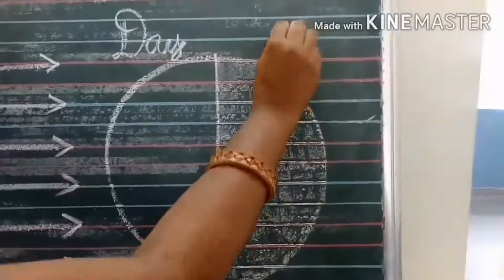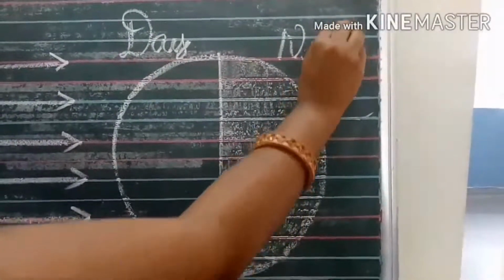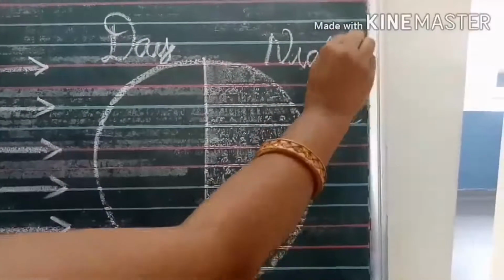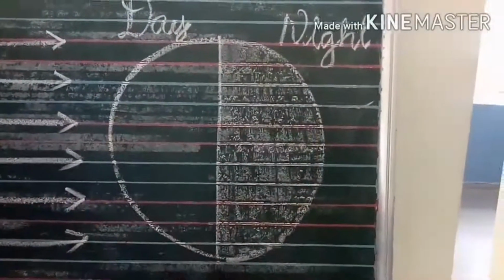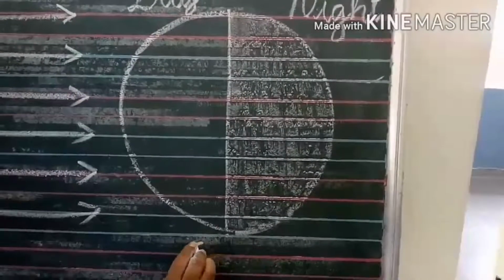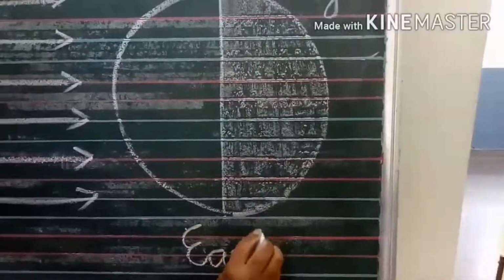I repeat the question again children. It provides light to the earth. So you know that very well. Which provides the light to the earth? We get light and heat from the sun. So unscramble the letter children now.